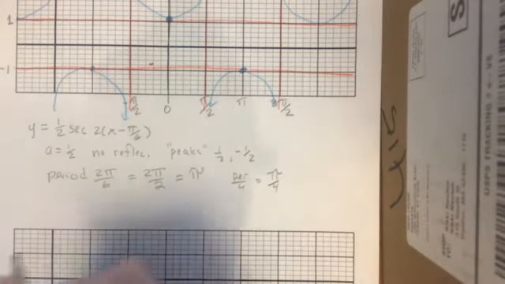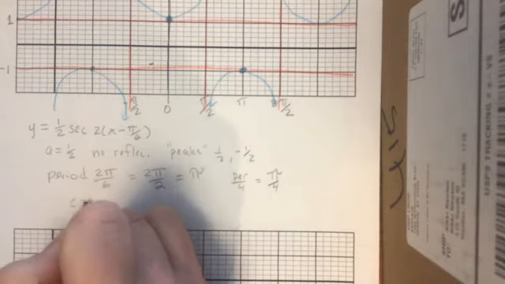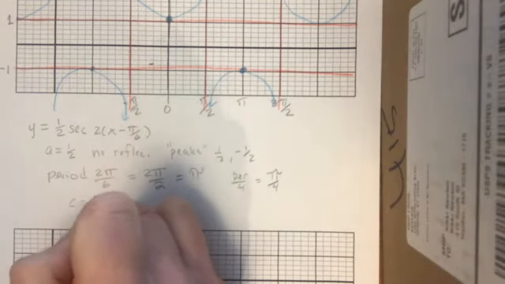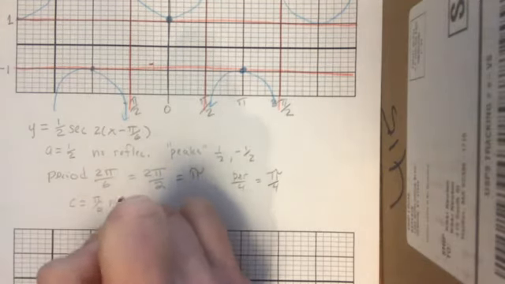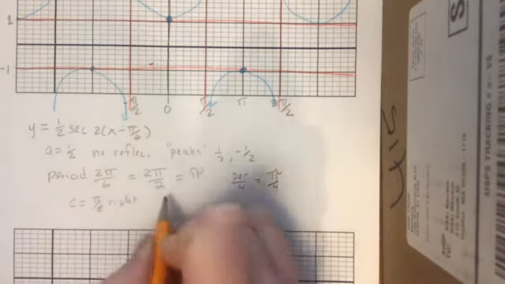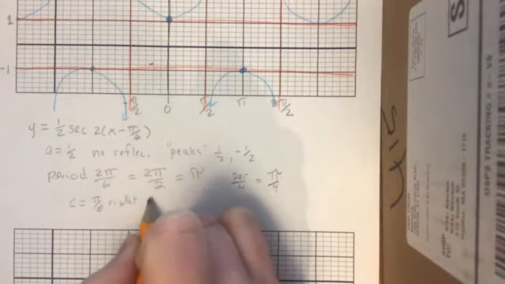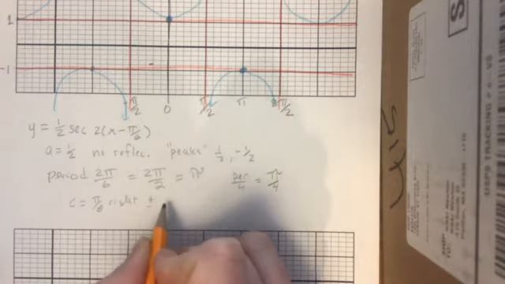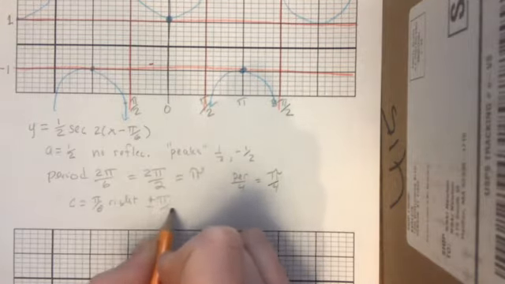All right. So C is positive pi over 6, so that would be moved to the right. And then ultimately, I'm going to need to add and subtract pi over 4.